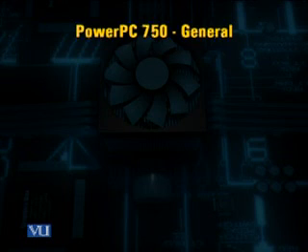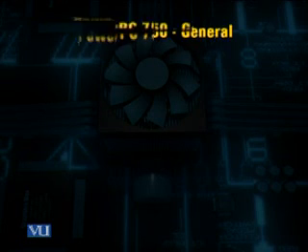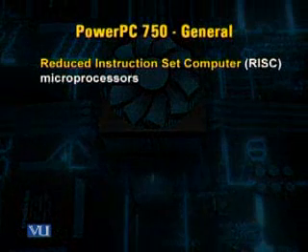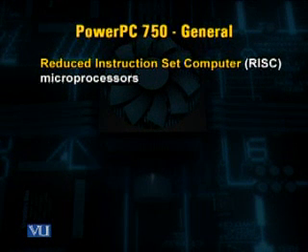The general introduction about the PowerPC 750 can be given by introducing this microprocessor as the advanced family member of the RISC, that is reduced instruction set computers microprocessor series.